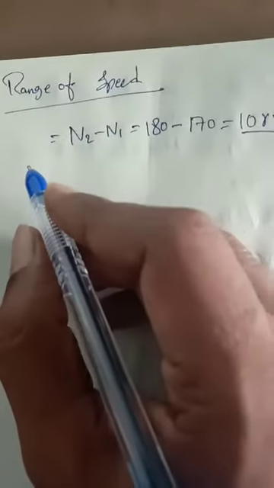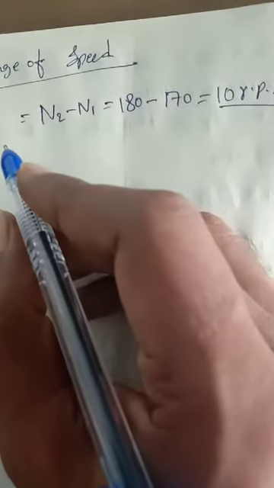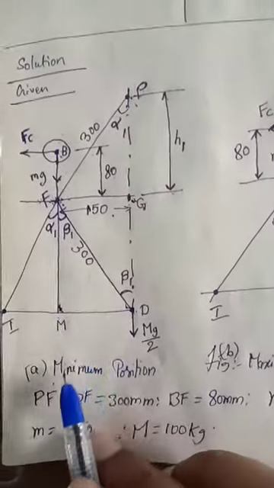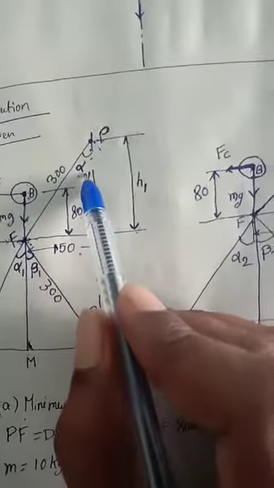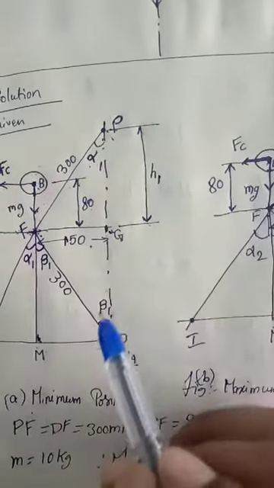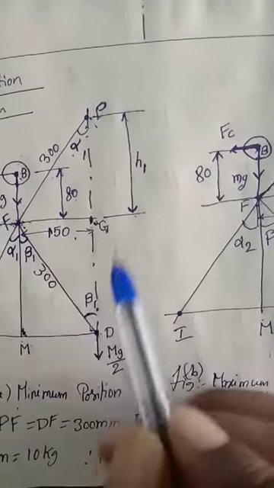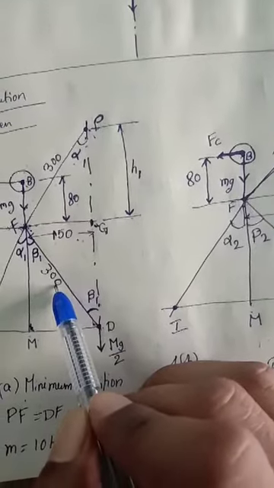Okay, the example may also be solved as discussed below. We can find the values for alpha and beta also. From figure A, you're going to see alpha is there. So sin alpha is equal to sin beta, that is equal to 150 divided by 300.